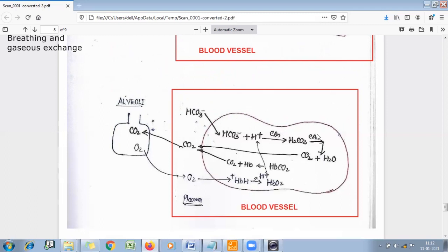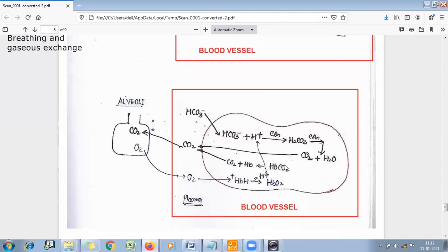As I told you, this carbonic anhydrase helps the reaction in both directions. So previously carbon dioxide and water were bound in presence of carbonic anhydrase. Now it is losing the carbon dioxide, and this carbon dioxide is transported into the alveoli.